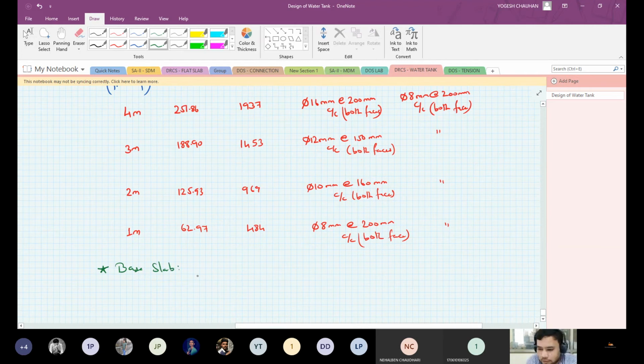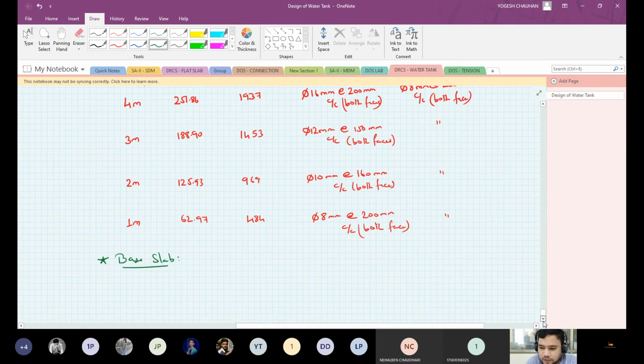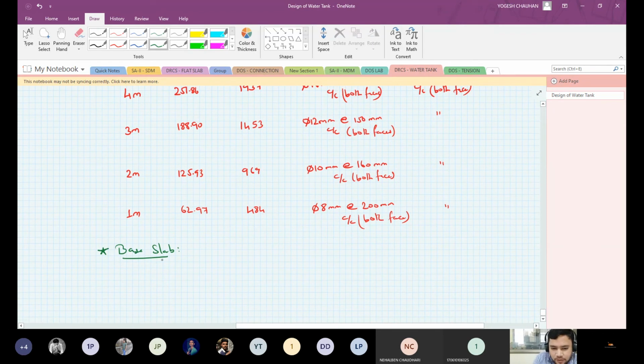let us provide the base slab. The base slab thickness will also depend on the soil underneath. So you have to have these SPC and all details. So for now, we'll take the minimum.